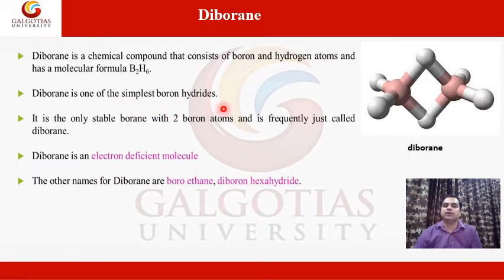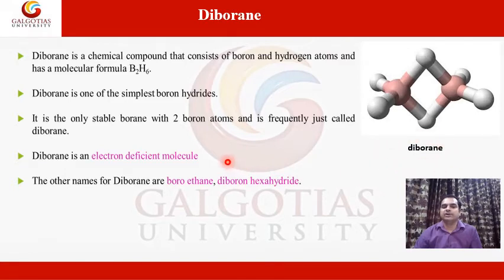Diborane is also one of the simplest boron hydrides known to us, and it is the only stable borane which consists of two borons, which is why it is called diborane, because it has two boron atoms in it. And diborane is also an electron deficient molecule because it does not form the normal type of covalent bonding, because it is having only 12 electrons in this molecule.